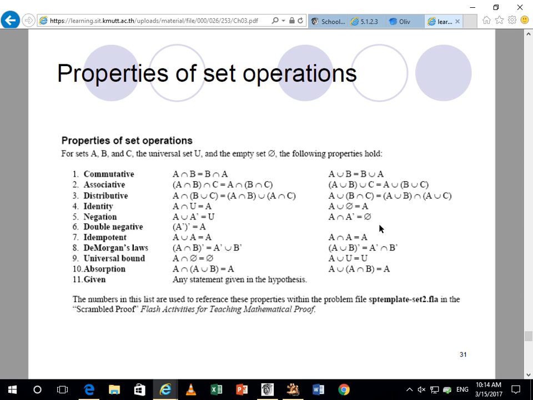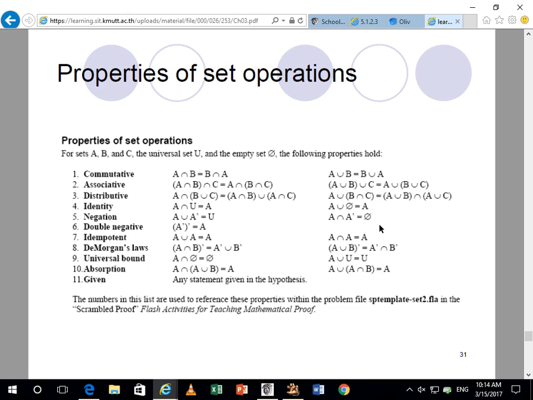So in algebra, you have seen this. We're just applying these properties to sets. So not a single number, talking about a set of elements or objects. There's also identity.